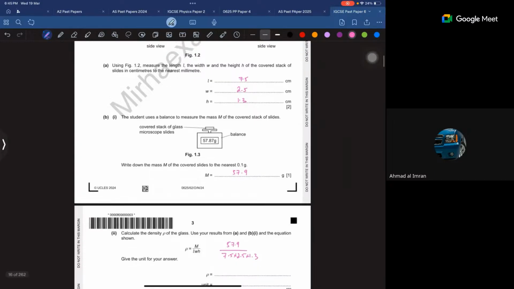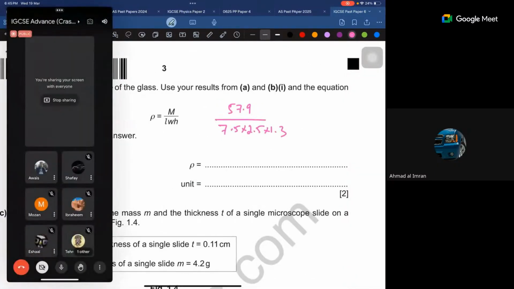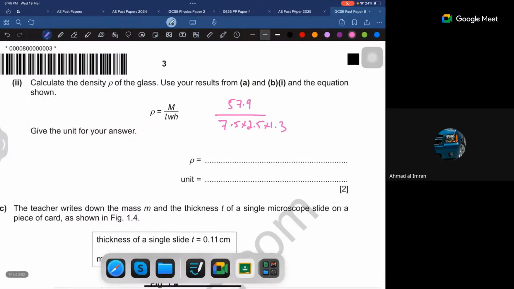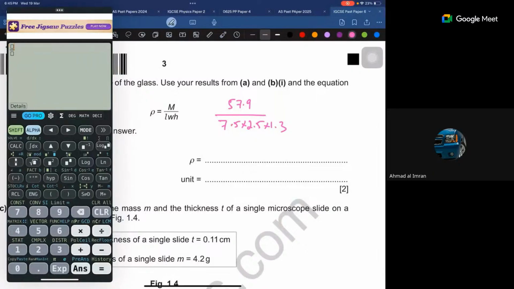Okay. Then we are going to the next, where we have certain values like these. So let's go forward. I'm going to find it out. 57.9 divided by 7.5 times 2.5 times 1.3, which seems like just 2.3.